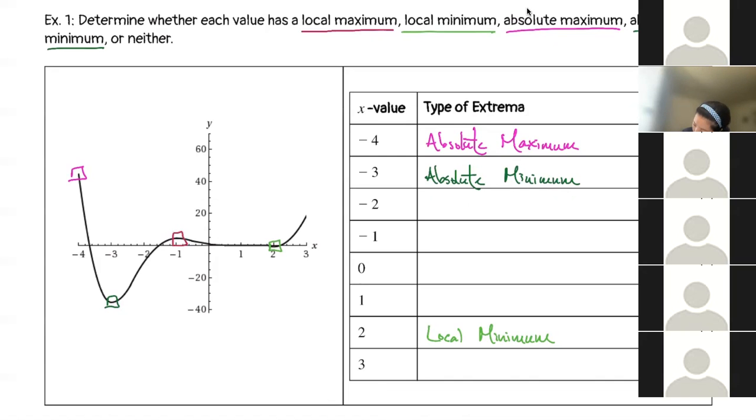Right over here, we've got sort of a local maximum, like it's the highest point in that particular region. And I would say that there's one more X value that corresponds to a local maximum. Yeah, exactly. This one right here is the highest point in that region. It's just not the highest overall, but it's still what we would consider a local maximum.